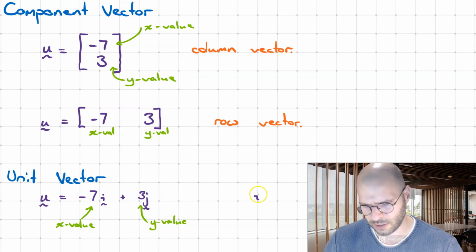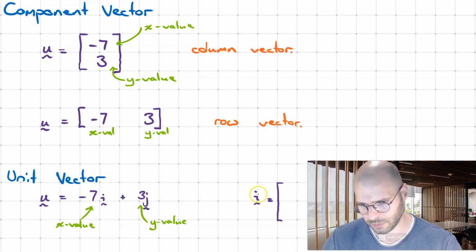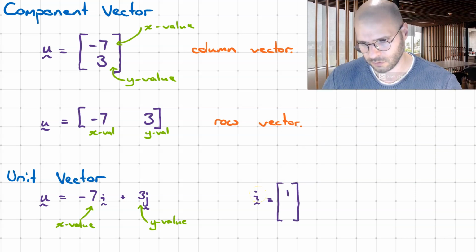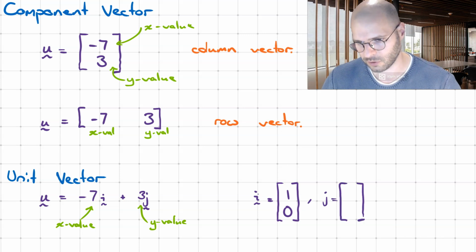The value for i is simply a base vector for the x values and j similarly for the y values.